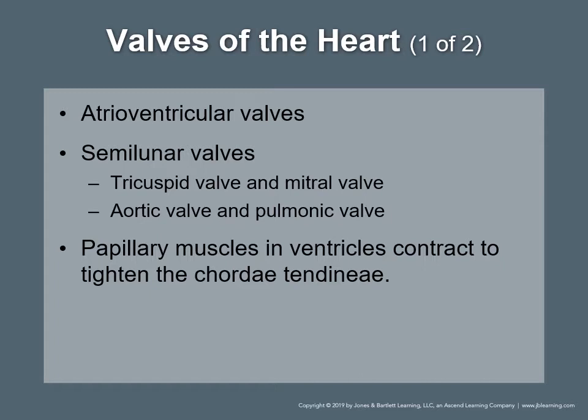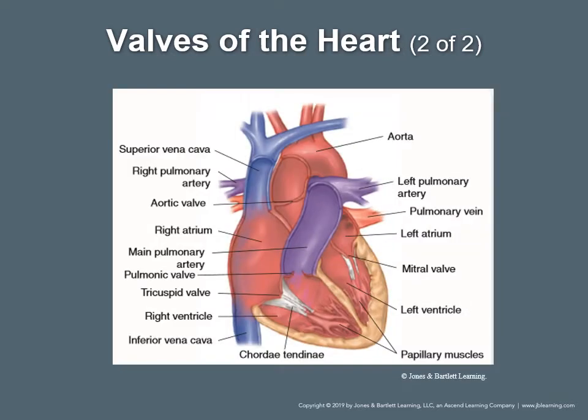The papillary muscles in the ventricles contract to tighten the chordae tendineae. And there is your nice figure to refresh your memory on where each part is in the heart.